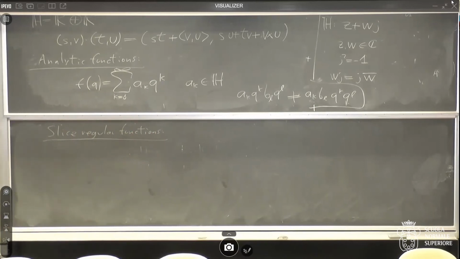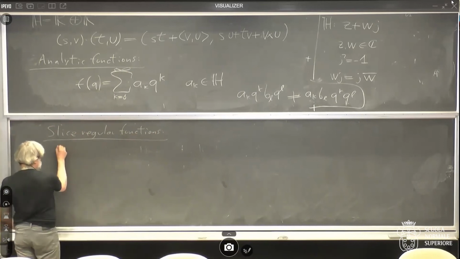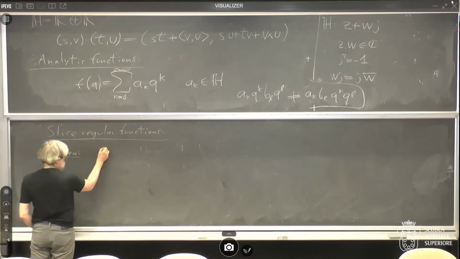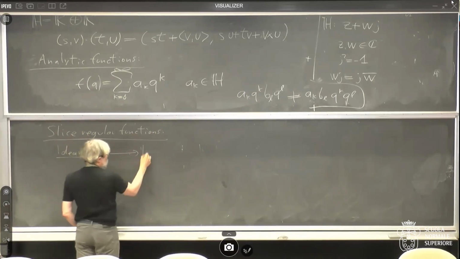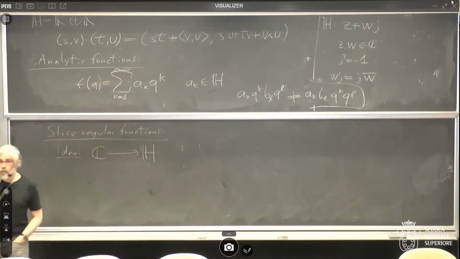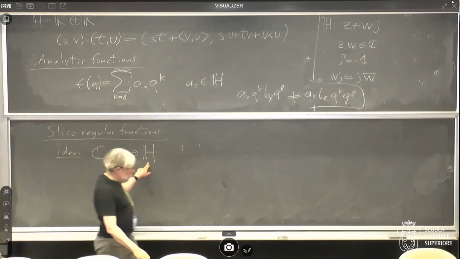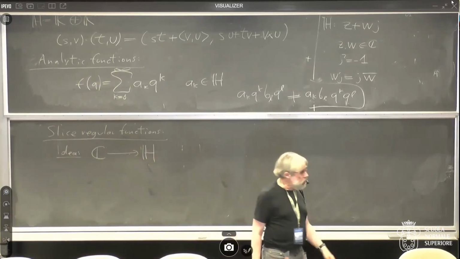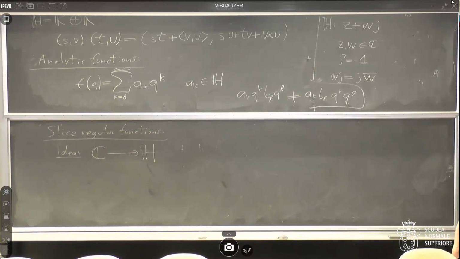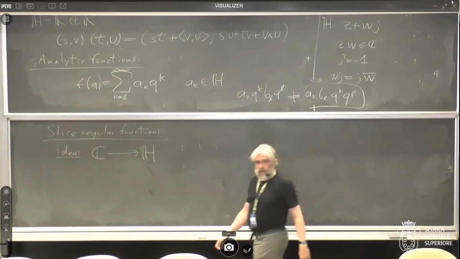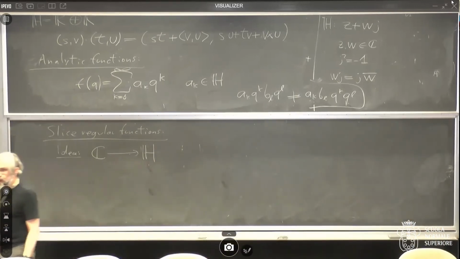The crucial idea here is that you consider embeddings from the complex numbers into the quaternion numbers. In fact, you have lots of embeddings of the complex numbers in the quaternion numbers as a real subalgebra, because you have many imaginary units. Here I wrote three down, but you can also combine these three basic imaginary units to get more imaginary units.